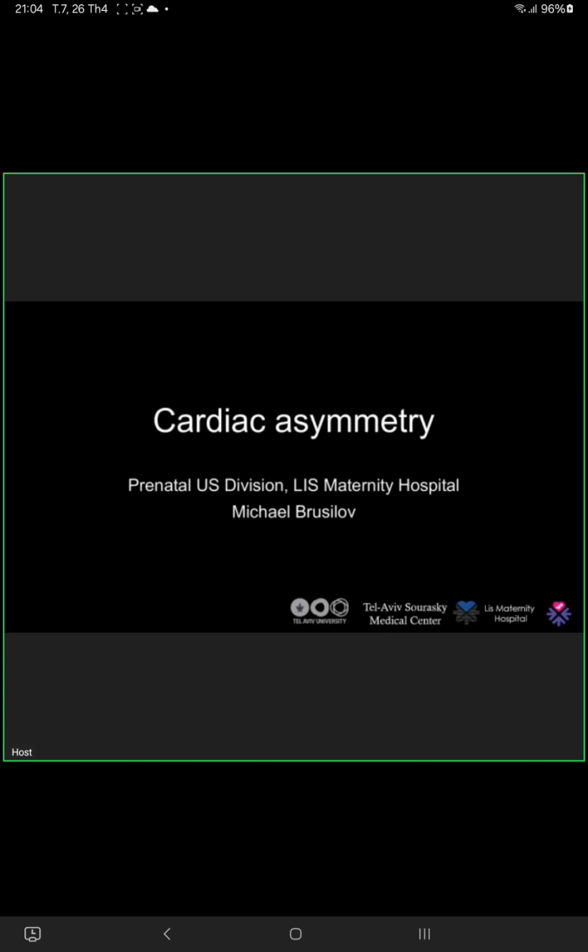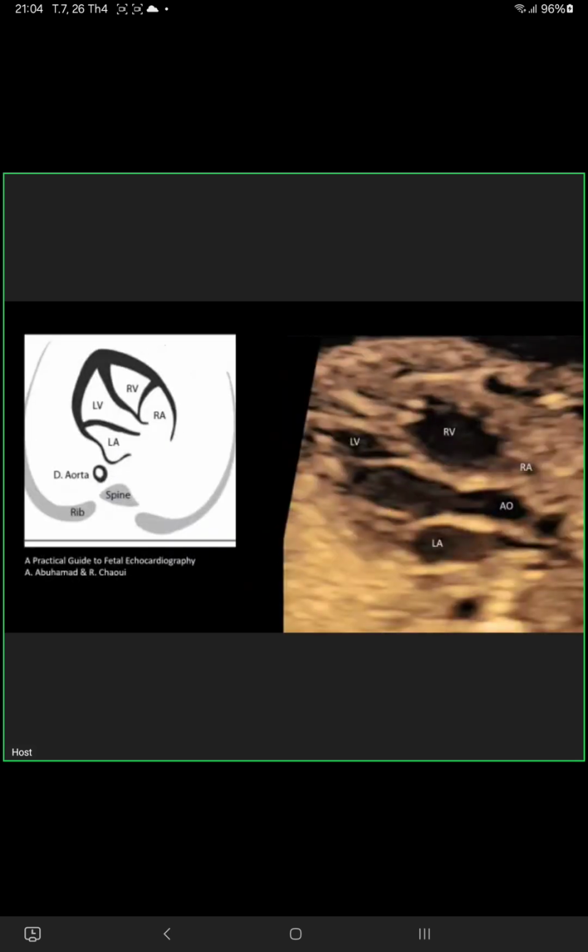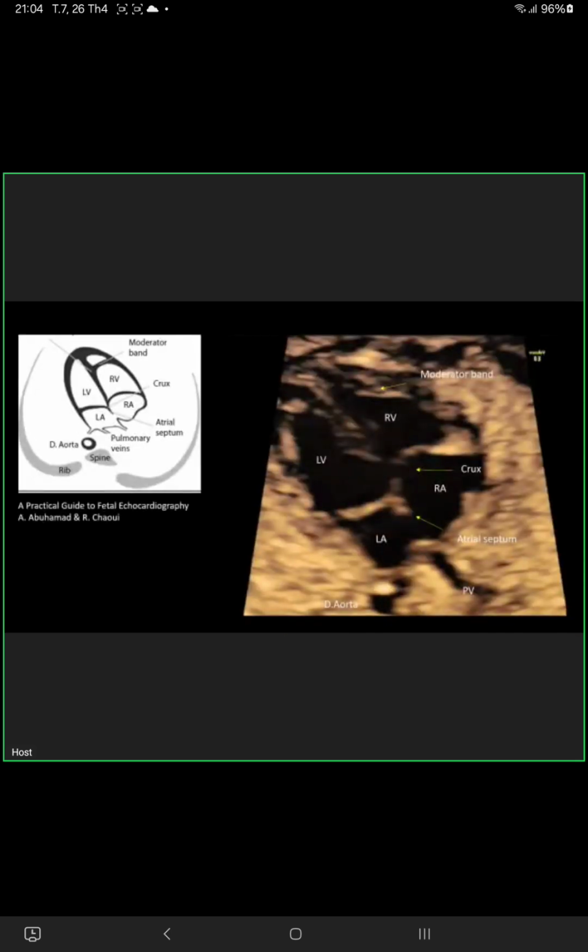It's my third love. The first, my wife. The second, the brain. The heart, the third. So, I will talk about the very, to me, important sign of the fourth chamber, cardiac asymmetry. But I will start from the normal heart.